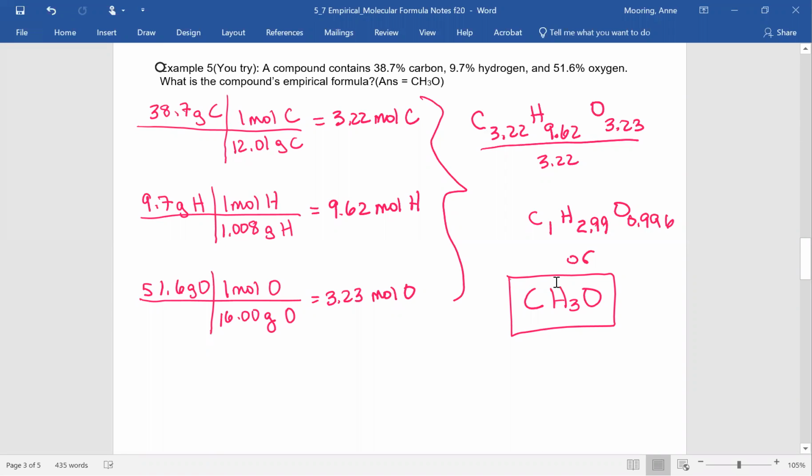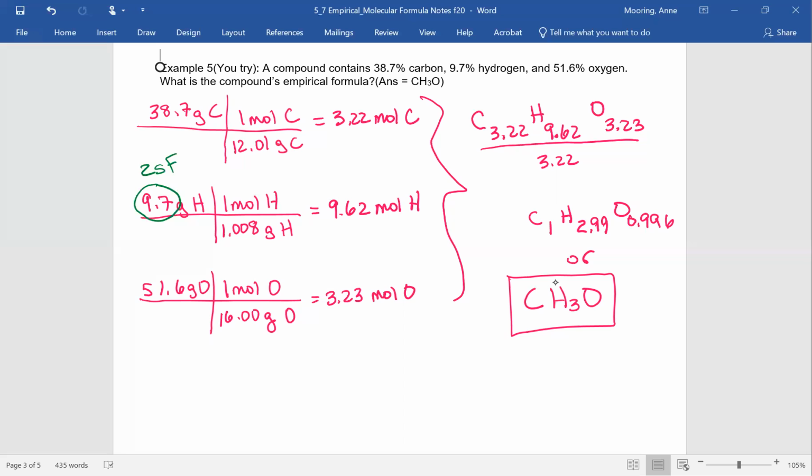I show the worked example here. Started with the 38.7 grams of carbon and converted that to moles of carbon, 3.22. Then 9.7 grams of hydrogen divided by 1.008 grams of hydrogen. And I want to bring your attention to one thing here. This number here has only 2 sig figs because the values are being recorded as percents.